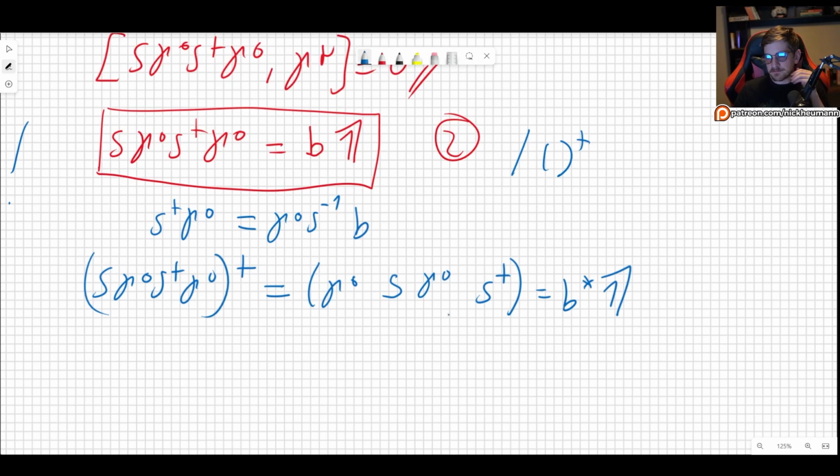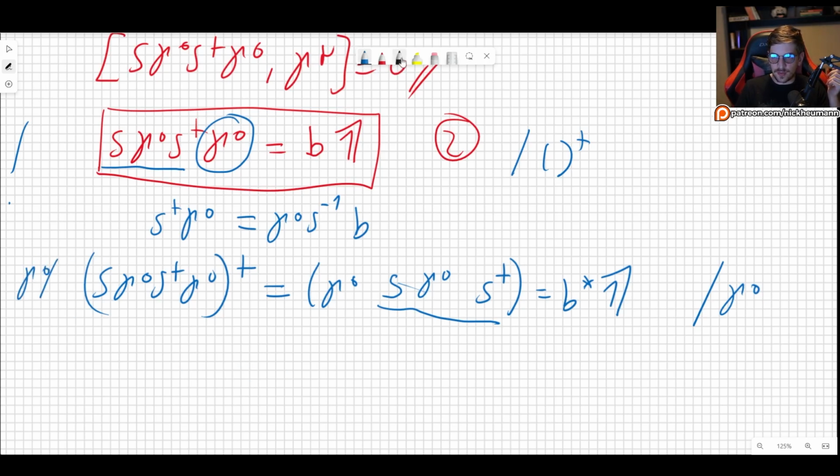So what do we see here? We have gamma 0 S gamma 0 S dagger, and up here we have S gamma 0 S dagger gamma 0. Look at this: we have gamma 0 to the right and gamma 0 to the left. So what we will do is multiply this equation by gamma 0 from the right and from the left.